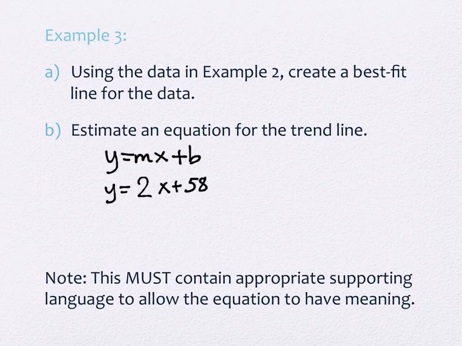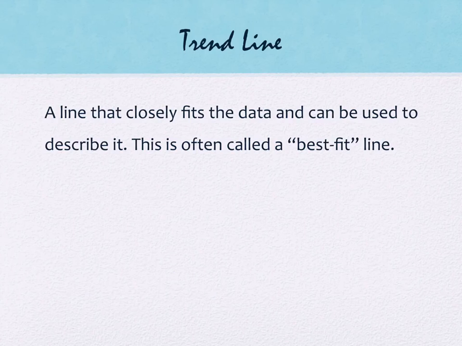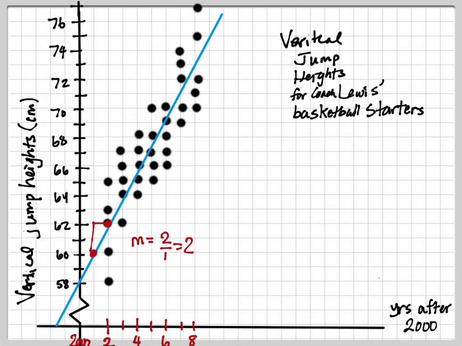If that is what you write on a test or a homework question, you are going to miss substantial points. And here's why. I can't use that equation to do anything unless you tell me what x and y are. Because the x and the y are dependent upon where I decided to let the y-axis start and the x-axis start. And it's a problem if I don't measure that correctly. Are you tracking with me?